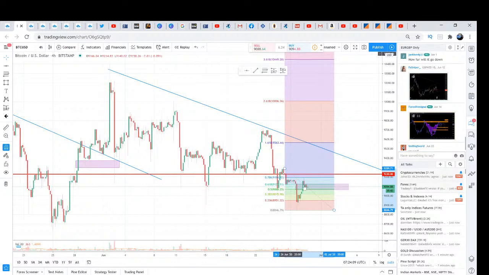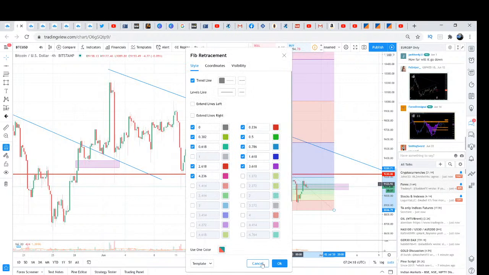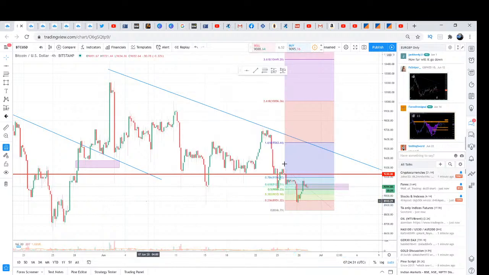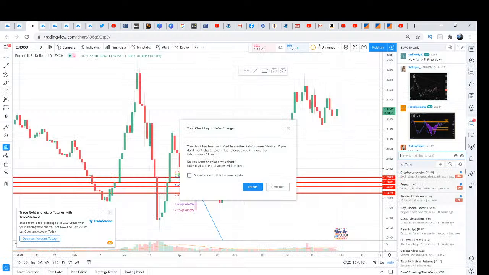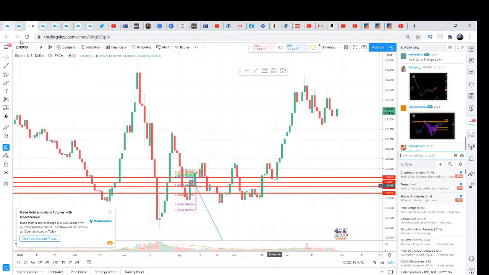So right now, Bitcoin is looking like a potential downtrend still for people who trade Bitcoin. Euro USD. This is a daily chart. Each candle's a day.